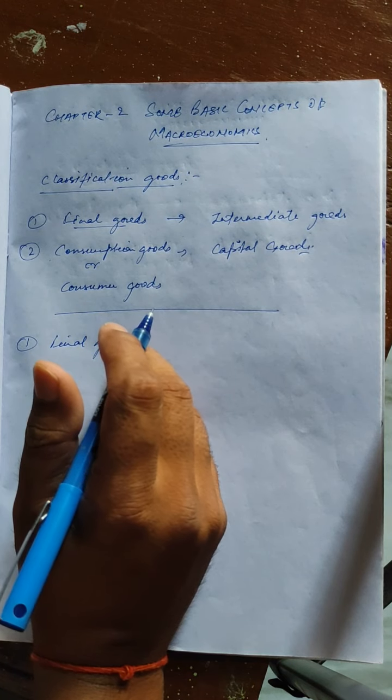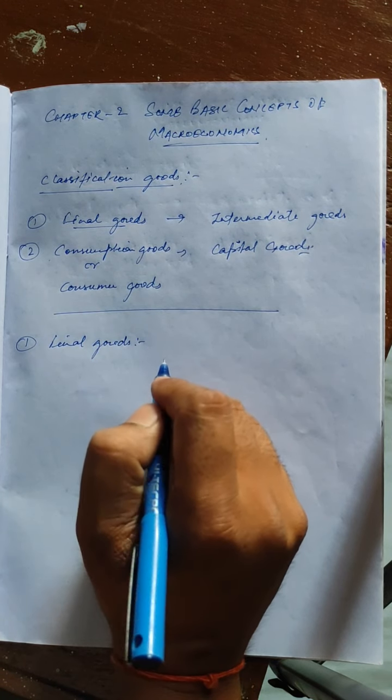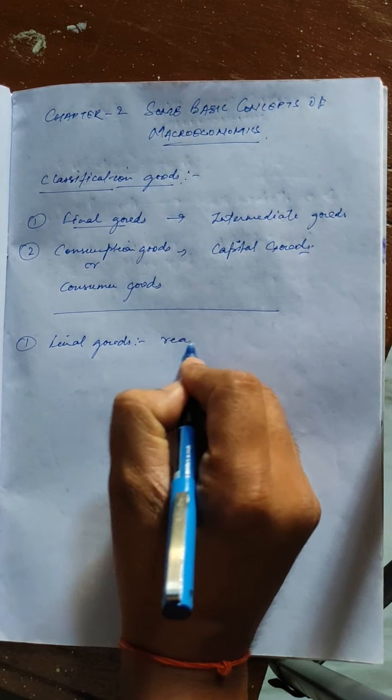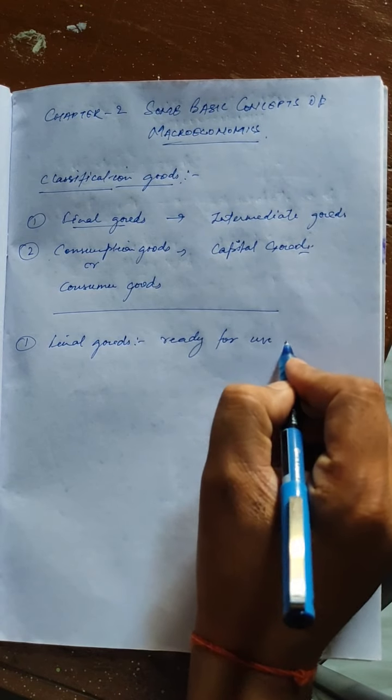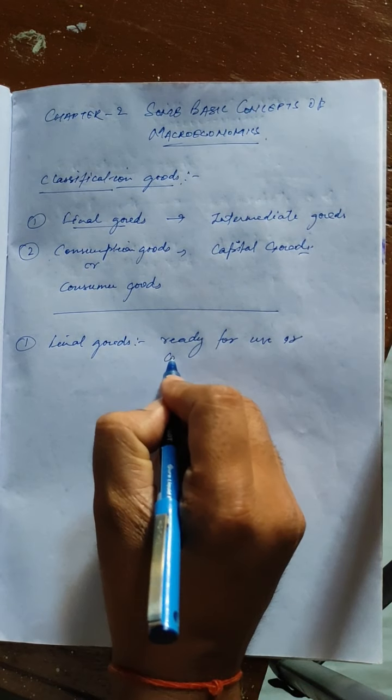Final goods are those goods which have crossed the boundary line of production, which means they are ready for use or consumption.